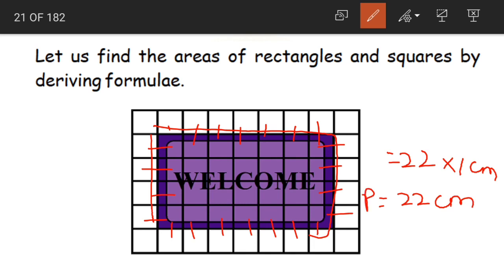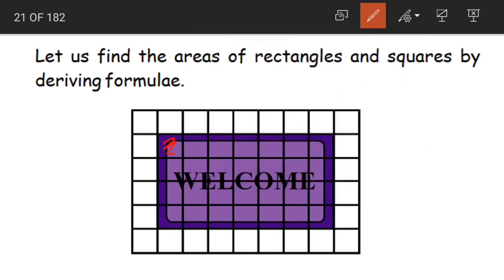Now coming to area, that means how much space is it actually occupying. With the help of these squares, we want to find out the number of squares this doormat is occupying. How many squares? 1, 2, 3, 4, 5, 6, 7. In total 28.